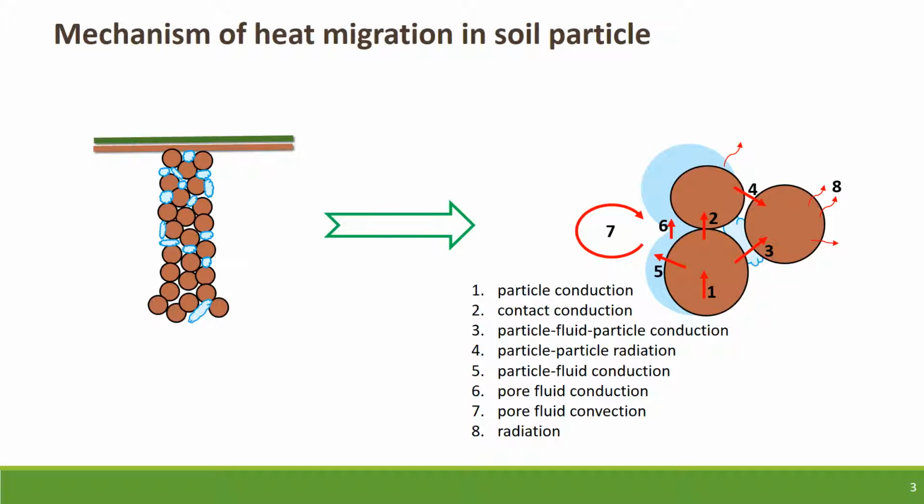As of now, previous researchers have considered that heat energy transfers through the soil mass predominantly by conduction. But what are the different kinds of conduction and how much they contribute in the overall transfer of thermal energy?